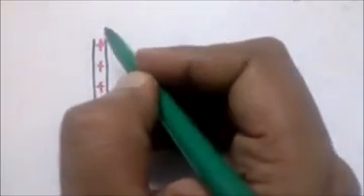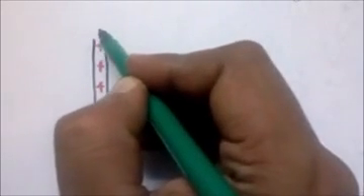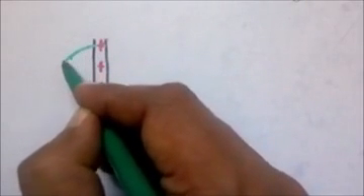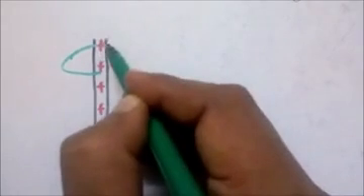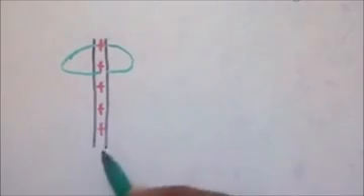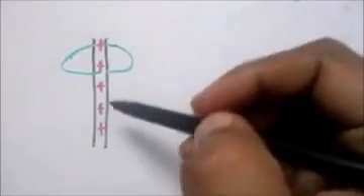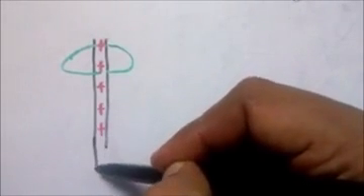I said the Gaussian surface is like a cylinder, so let us draw that here. I'll draw a top portion like a circle, then the bottom also like a circle. I'll extend this slightly so it's more clear to see the concepts here.